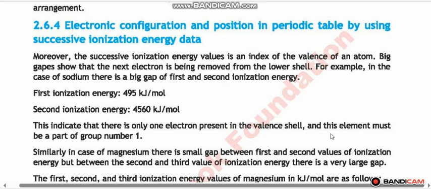So we can deduce that the two electrons are removed easily, hence there are two electrons in its valence shell and its valency will be equal to +2, while the third electron is removed with very much difficulty. So we can deduce that the third electron is present in the next closed shell of magnesium, hence the removal of that electron is very difficult, and the valency of magnesium is equal to +2.